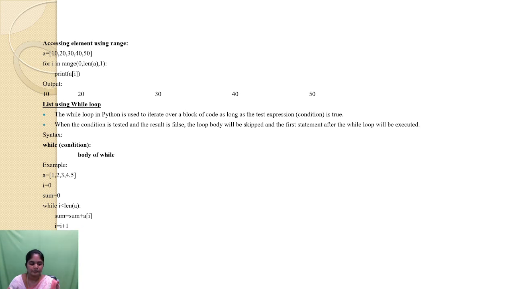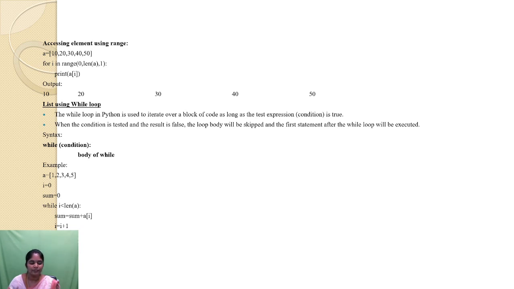So 0 less than 5, condition true, so sum is equal to sum plus A of I. The condition is tested first. If the condition is true, move on to the true block statements.